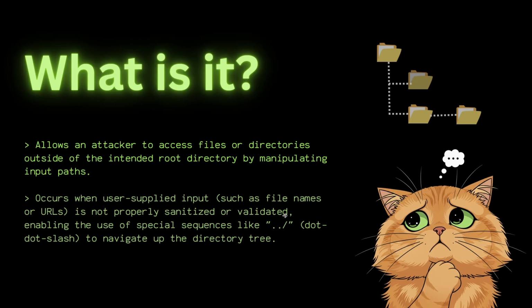For example, if the input expects a name and the user supplies some kind of payload or just plays with the input by altering it, and that is not properly sanitized or validated using certain logic, then it could lead to a path traversal vulnerability, right?